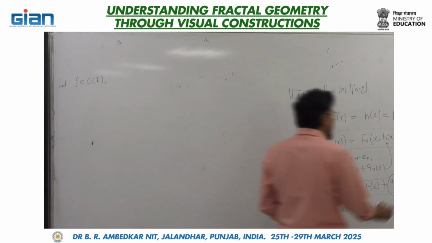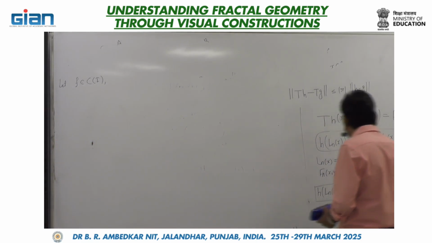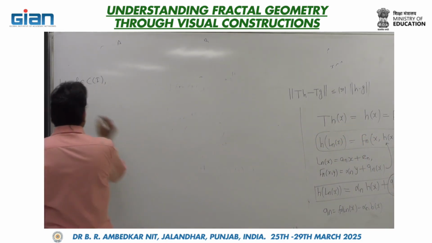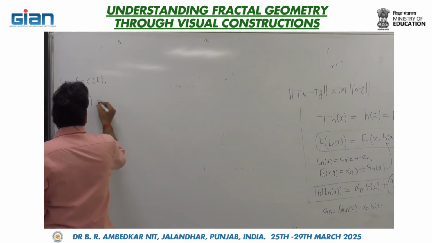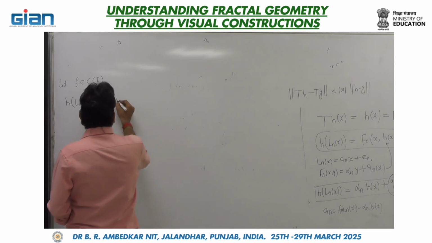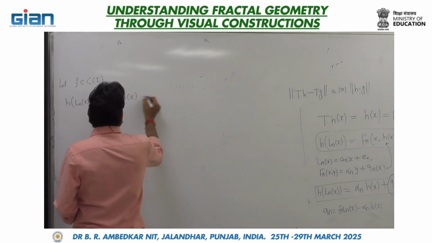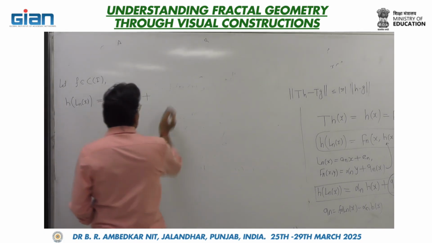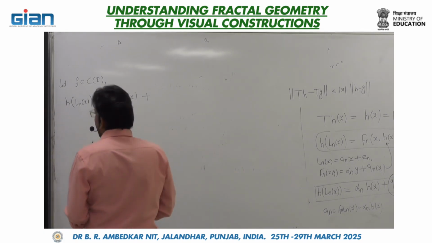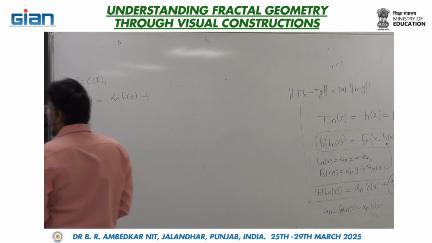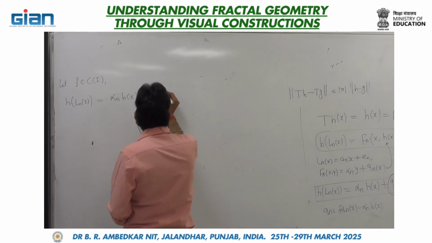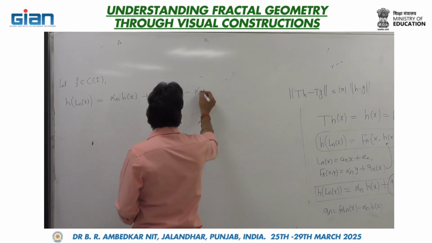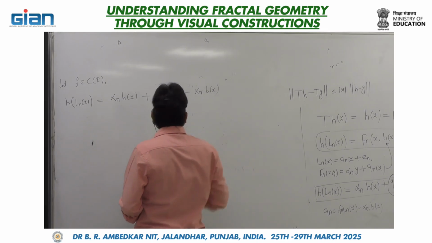Let us say this equation is star. Put the value of qn, then what will you get? h(Ln(x)) is equal to alpha n h(x) plus f(Ln(x)) minus alpha n b(x).